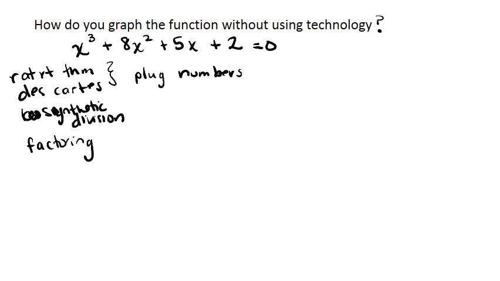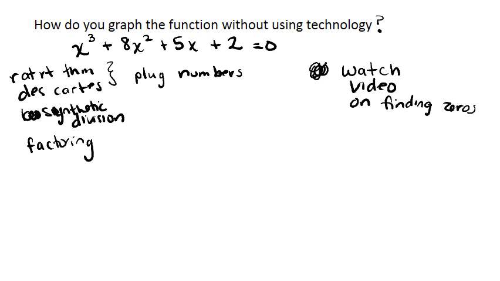So what I would do for this, before you do the problem, is just go back and watch the other video about finding the zeros. Okay, so rewatch that one. And then the only other thing you would want when you are graphing without using technology is to find the y-intercept.